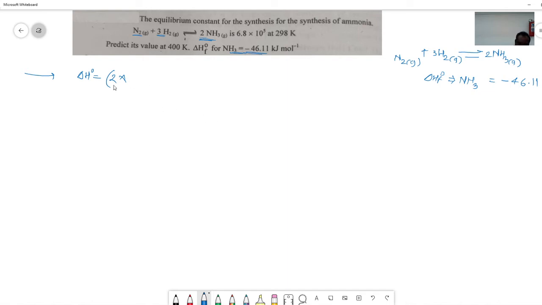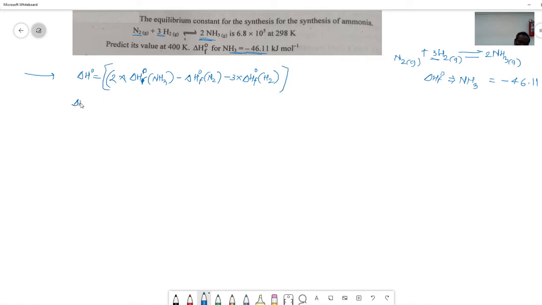Ammonia minus reactant: 2 into delta HF0 of NH3, minus delta HF0 for N2, minus 3 into delta HF0 for hydrogen H2, since there are 3 moles of hydrogen. This is the equation.